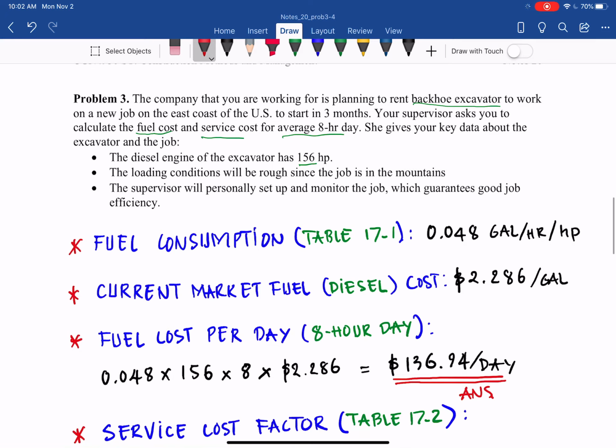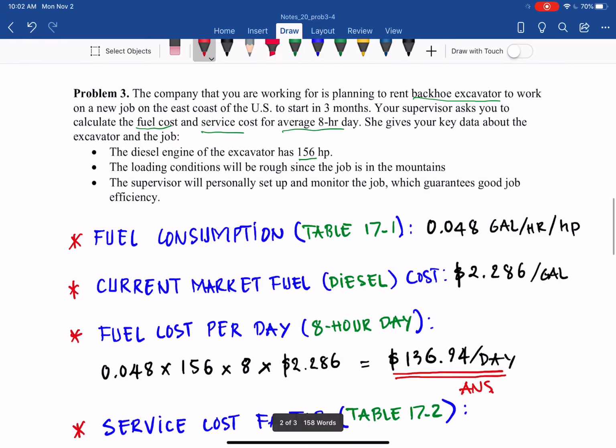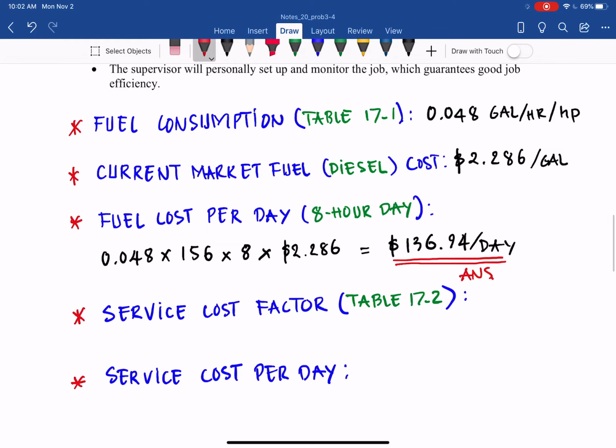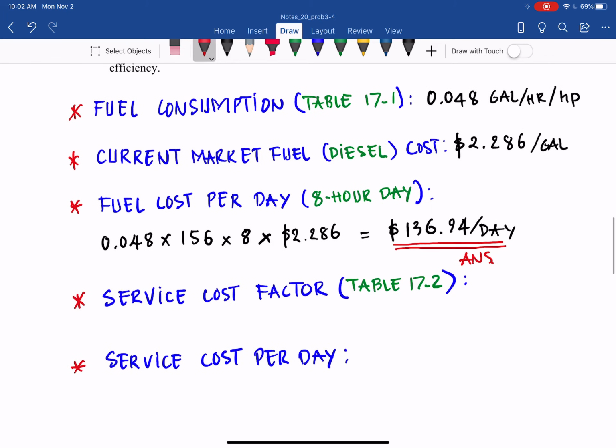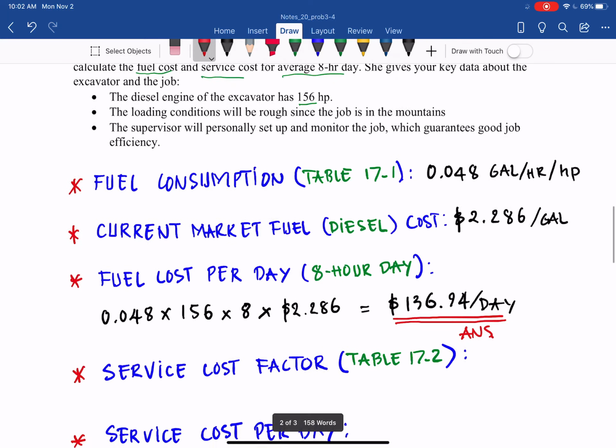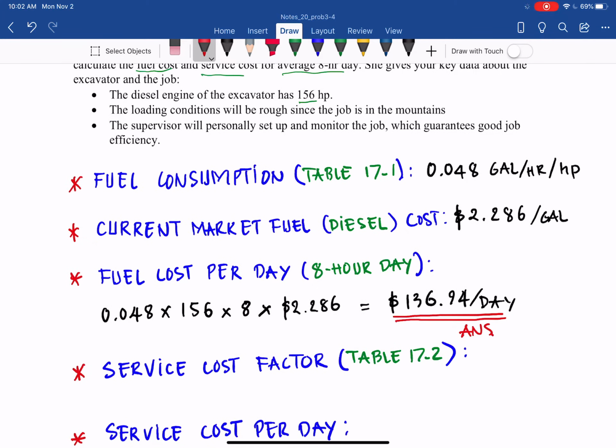The question also asks, what is the service cost? In this case, the supervisor will personally set up and monitor the job, which guarantees good job efficiency, so I assume that is the average condition.